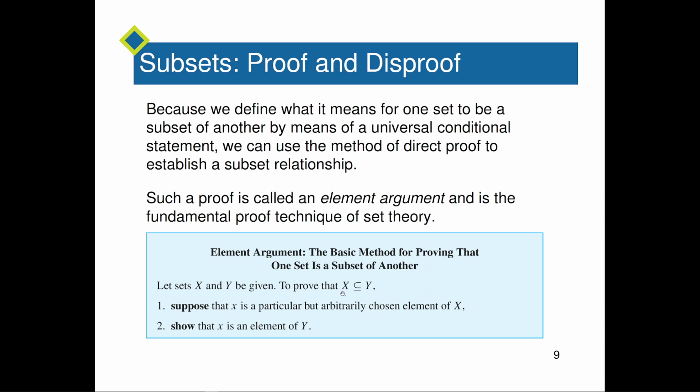To prove that X is a subset of Y, or that A is a subset of B, the intuition is that all we have to do is take an element, assume that small x is inside the first set X, and then somehow show that that element is also inside Y. If we can do that, then we have shown that one is a subset of the other.